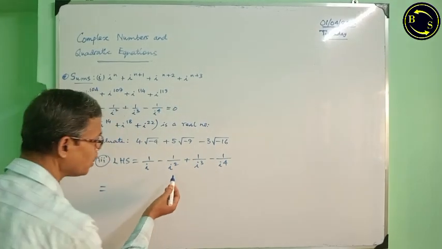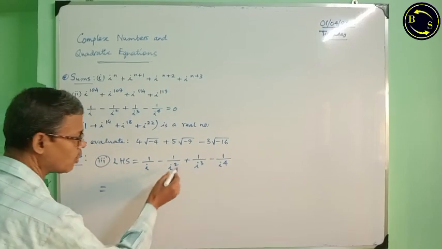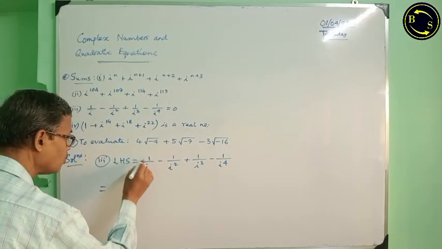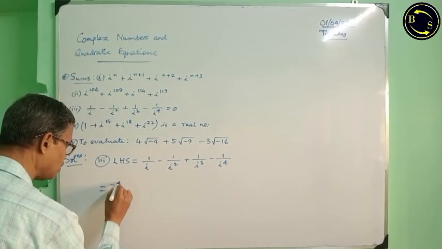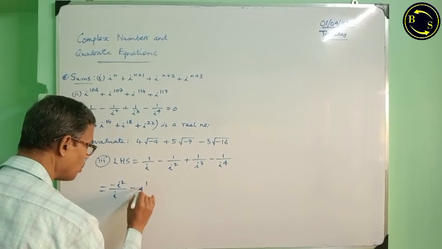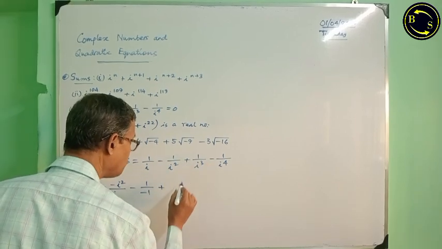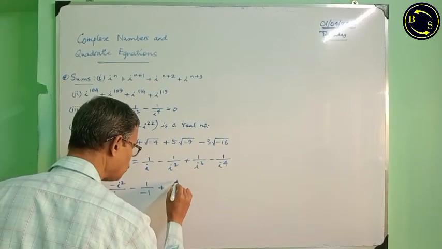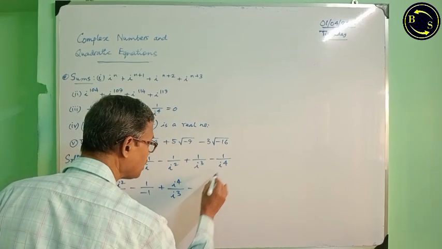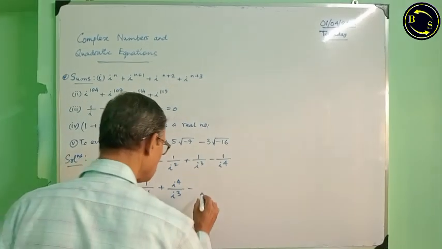Now we calculate on the right side: i square, i cube, i to the power 4. i square we have already got as minus 1, and this one is written as minus i square by i, minus 1 by minus 1 plus i. Replace i to the power 4 by i cube minus i. i to the power 4, we have already got that it is 1.